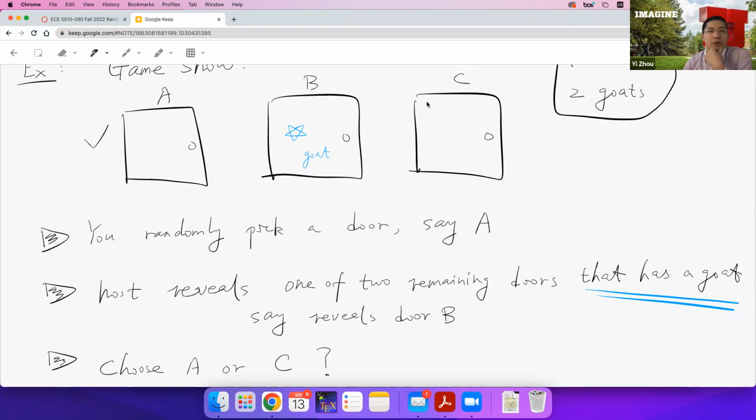Door C is still unknown, but the host lets you change your selection. So the question is, in this scenario, should you still stick with door A or change to door C? Which one has a higher probability of winning the car?